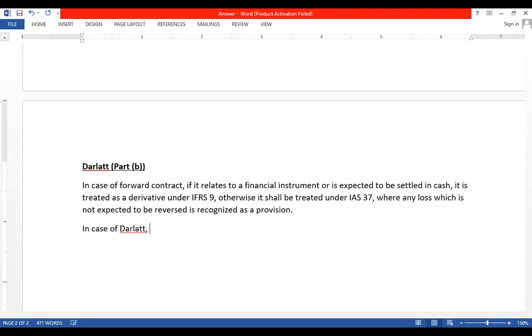In case of Darlet, the contract is a normal usage requirement of Darlet.